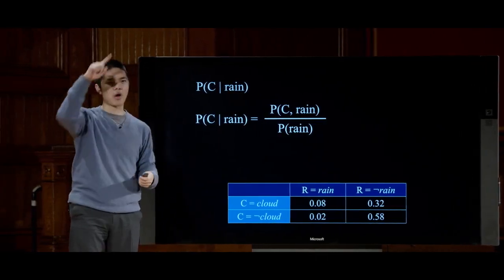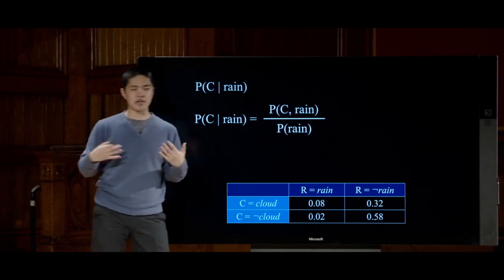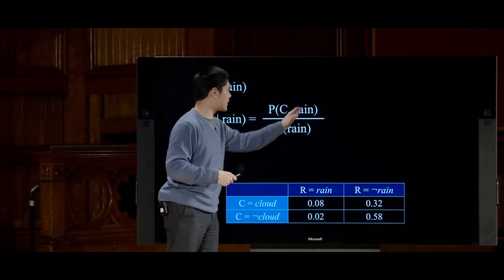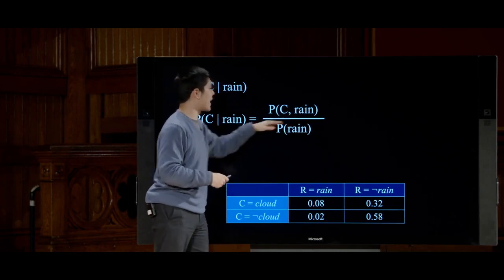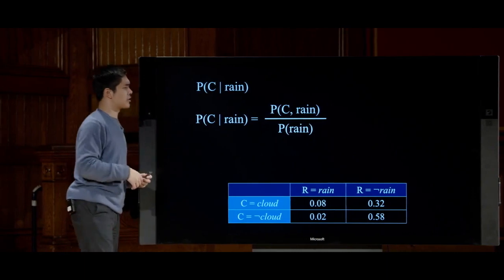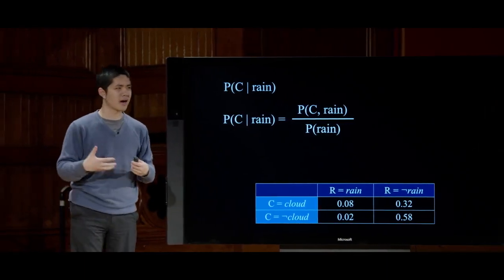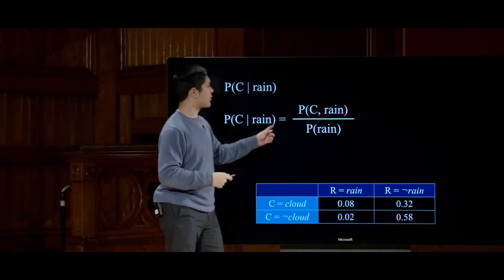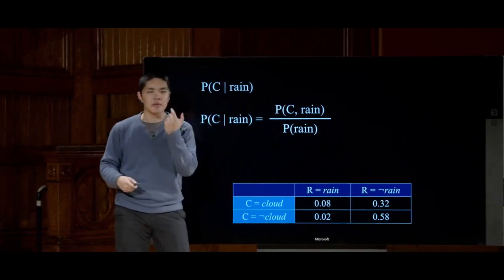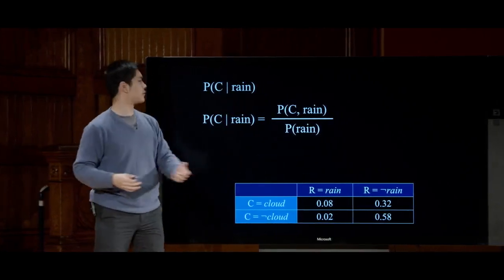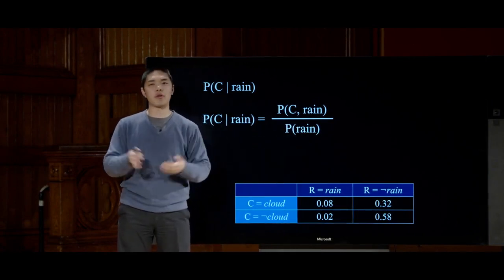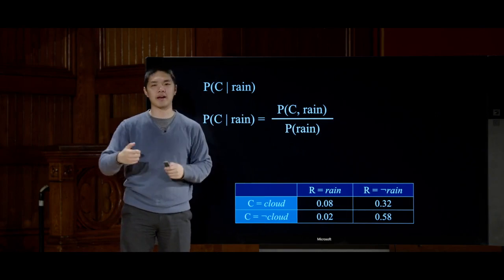You'll see the logical operator and the comma used interchangeably. The interesting thing to note, and what we'll often do to simplify our mathematics, is that the probability of rain is just some numerical constant. Dividing by the probability of rain is just dividing by some constant, or in other words, multiplying by the inverse of that constant.